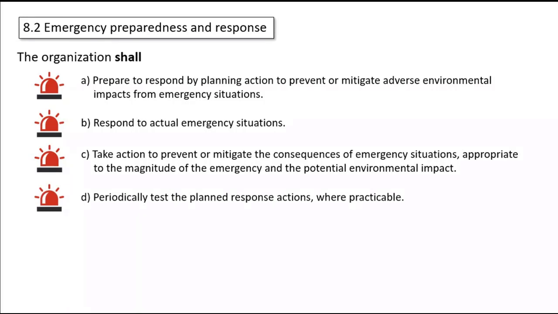D, periodically test the planned response action where practicable. So actually this is referring to the A, that you already prepared how to respond to any emergency situation. D is to test this response action. For example, what you normally go through during school, like a fire drill.